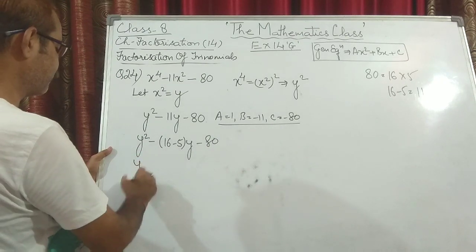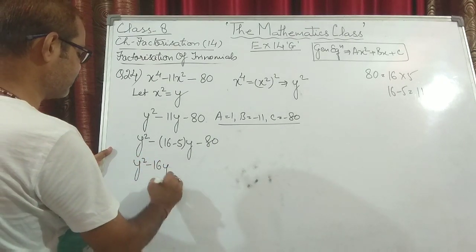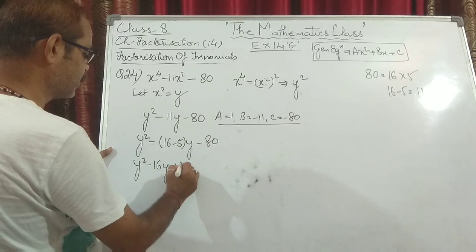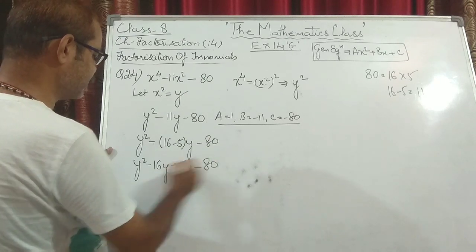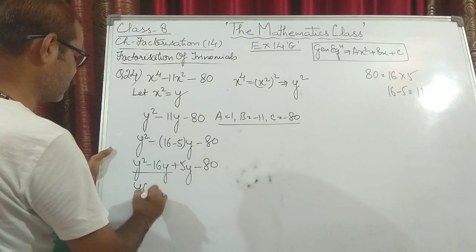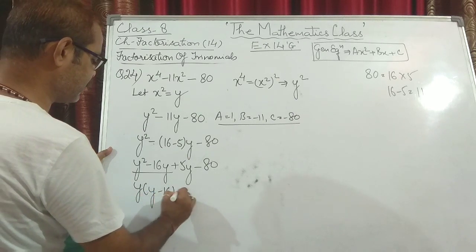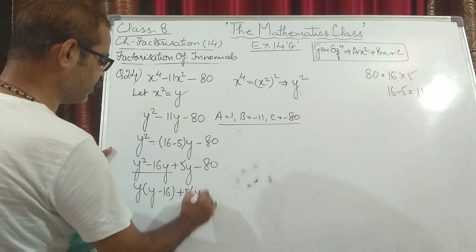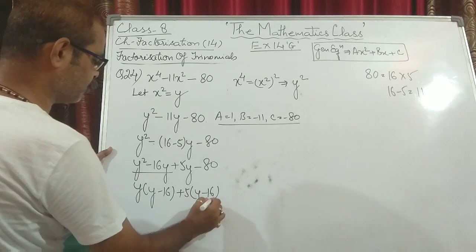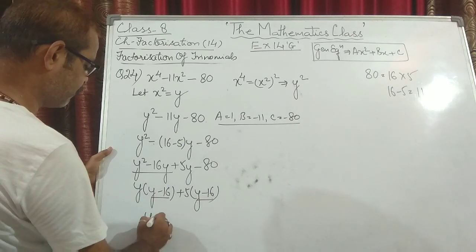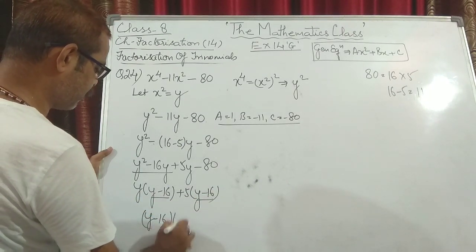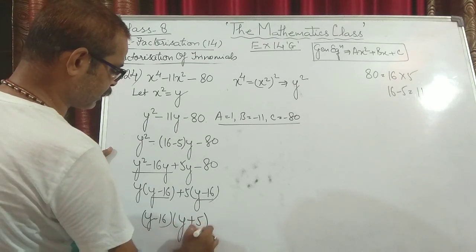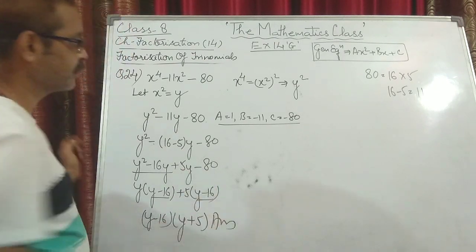When you open the bracket, y square minus 16y plus 5y minus 80. From this we can take y common, so y minus 16 is left. From the second we can take 5 common, so y minus 16 is left. Both values are same, y minus 16 common, and what is left? y plus 5, that is the final value.